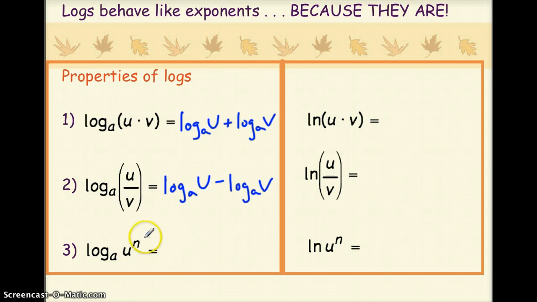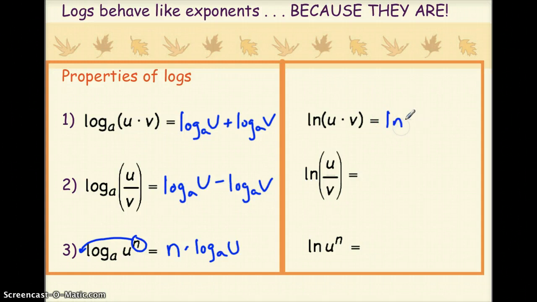The third property says that if you have something to a power of n, you can take that power and bring it down in front and multiply. So we could take n and then multiply by log base A of U. And all of these apply for natural logs.